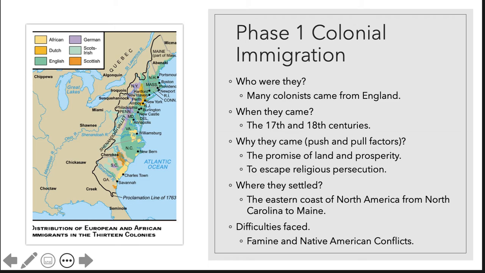Remember, this starts the centuries-old conflict between colonists, settlers, and Native Americans, and this conflict would go into United States history, that we're constantly pushing the Native Americans off of their land so that we can grow. So the difficulties they faced were famine and conflicts with the Native Americans.